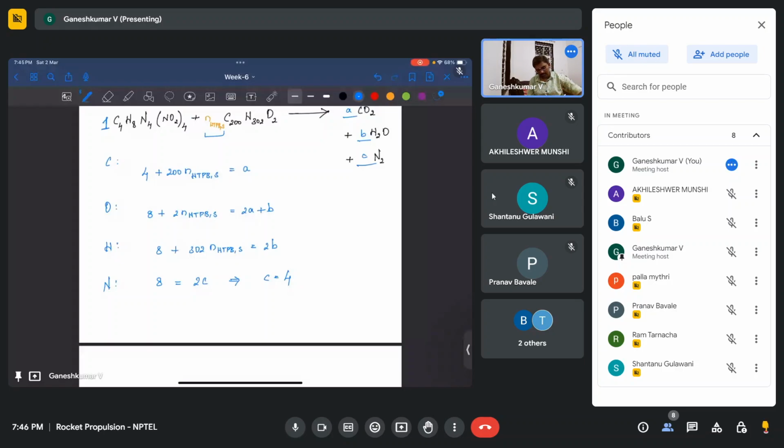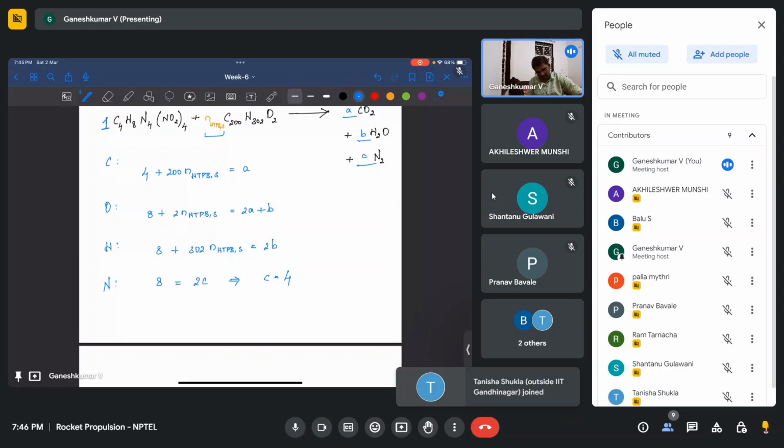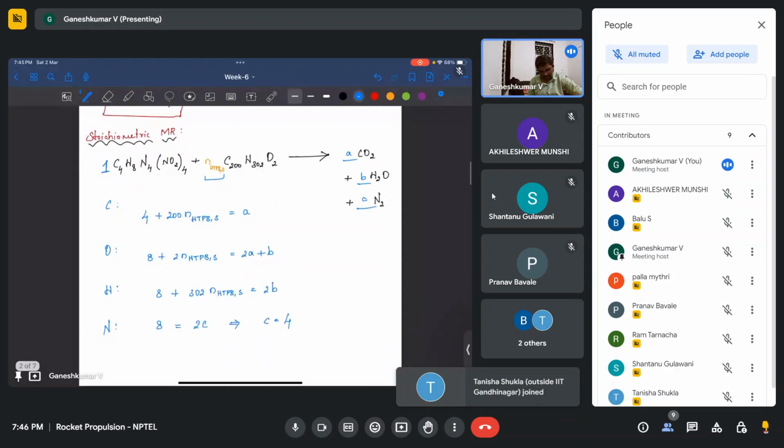So basically what I'm trying to say is you actually should have additional oxygen in order to get the proper stoichiometric mixture ratio.